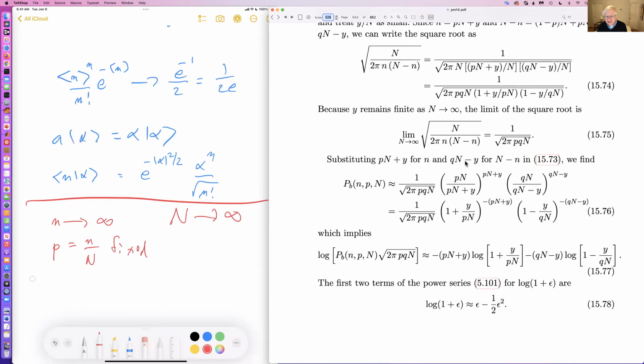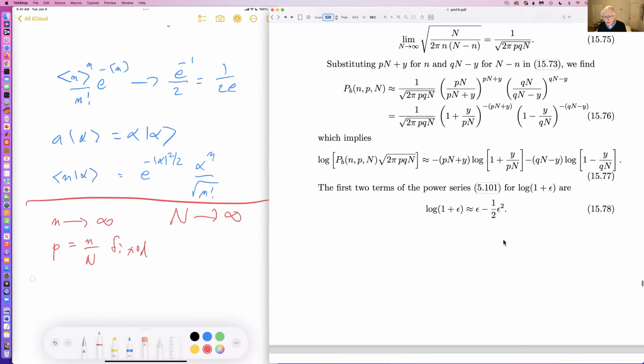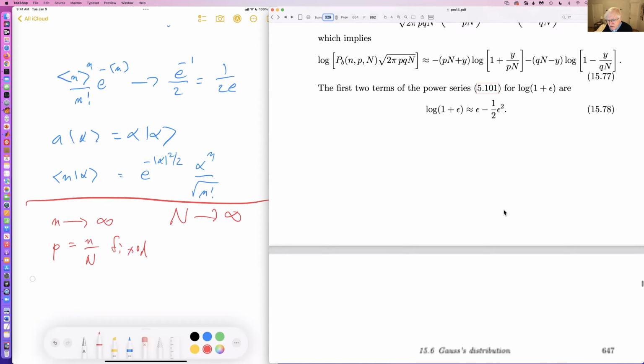You eventually get down to an expression for the log of the binomial distribution times a certain square root, as this expression here. On the other hand, y over pn and y over qn are both tiny numbers, and so you can use the approximation log of 1 plus epsilon is epsilon minus a half epsilon squared.